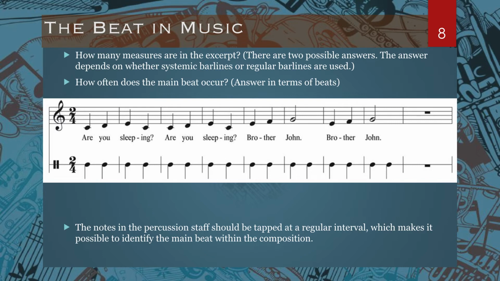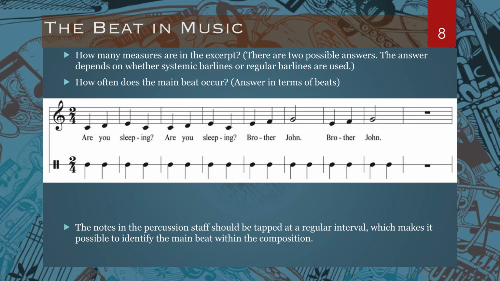Now you're actually going to have two possible answers depending on whether you want to use systemic bar lines or regular bar lines. So if you look at the far left of this example, you see a bar line that connects the treble and the percussion staff. We call that a systemic bar line because it connects a system of measures.